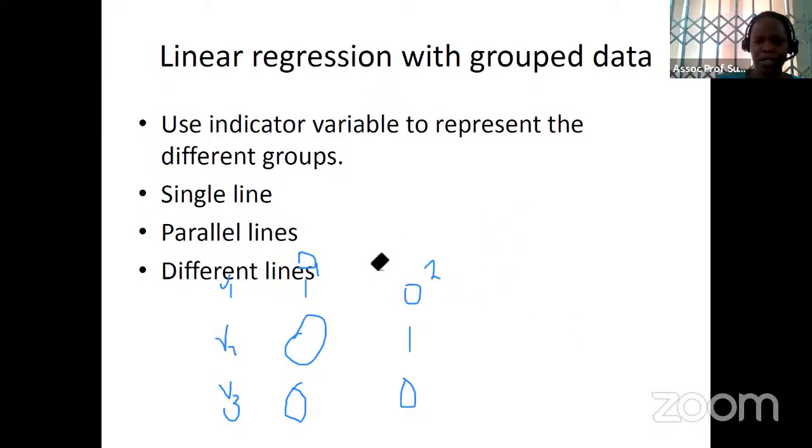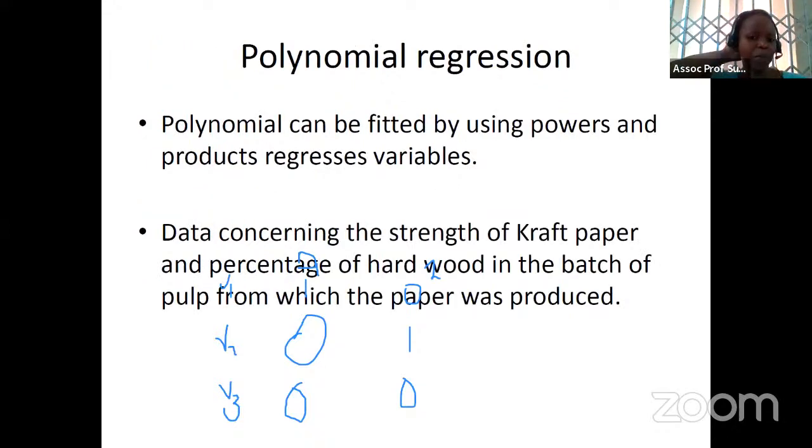Okay, so let's see next. So we talked about polynomial regression, and I said that sometimes you find that the independent variable and dependent variable are not linearly related.